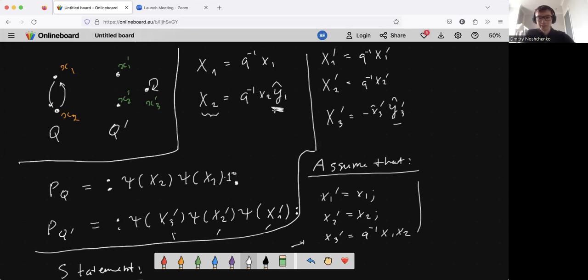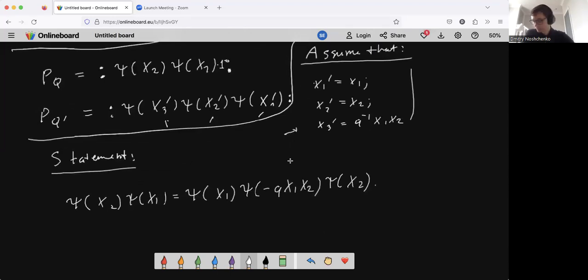But not quite, right? Because we have here y1, but you can do a little trick, in fact. This little trick, just to make x2 and x2 prime equal, is to insert y hat 1 here.